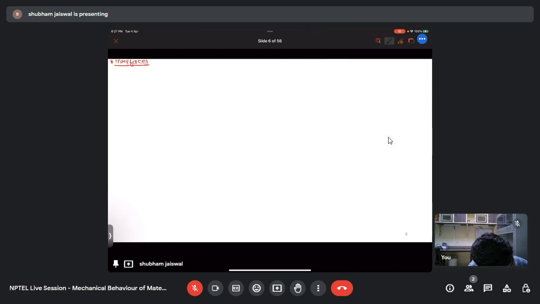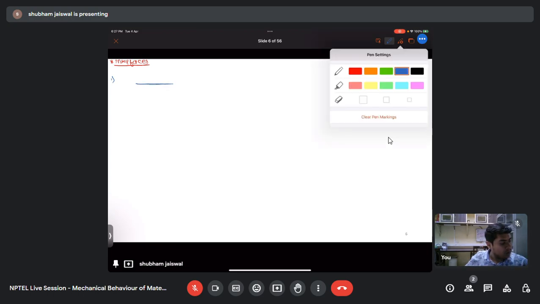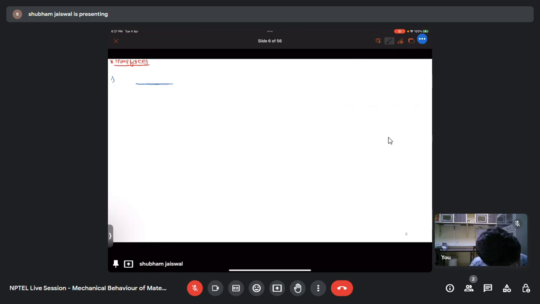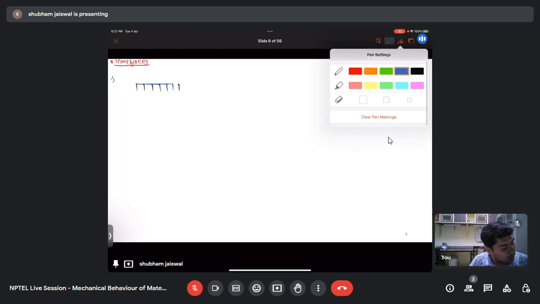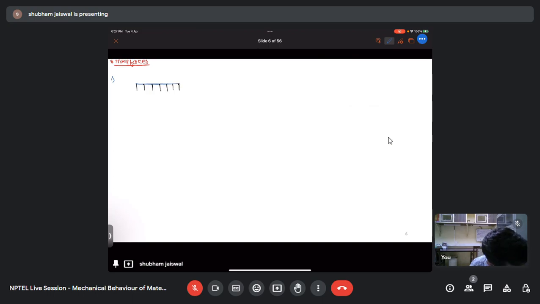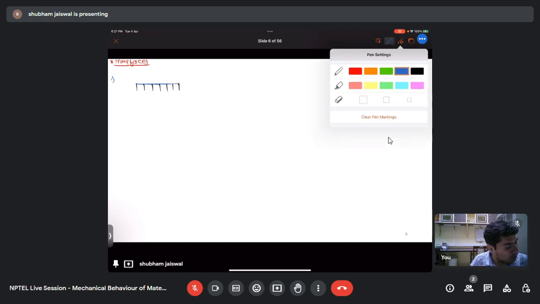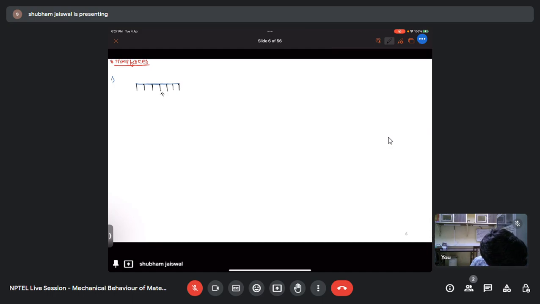Let's say the blue one is my interface, and these black lines are my matrix.